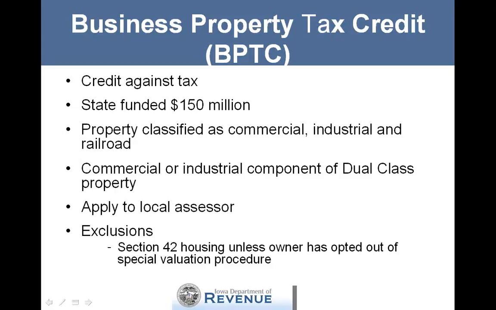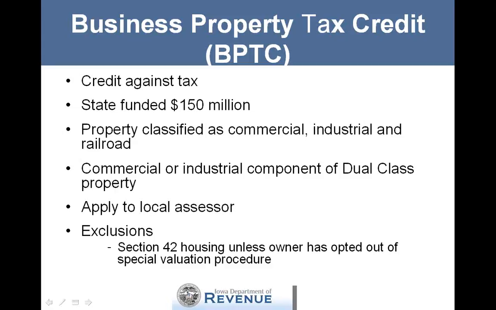Now, this only applies to properties that are classified as commercial, industrial, and railroad. And now that we have dual class property, it would apply to the commercial or industrial component of a dual class property.